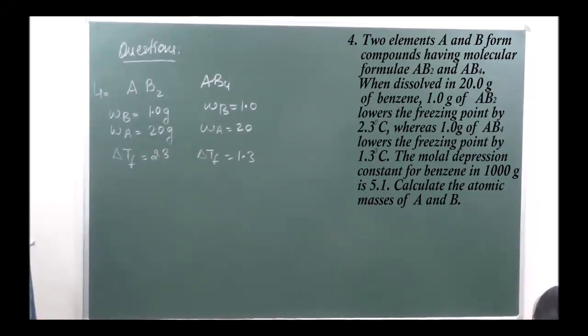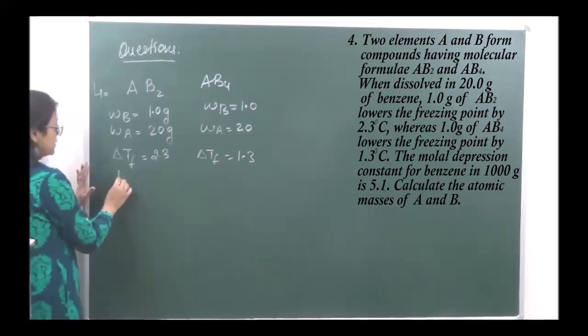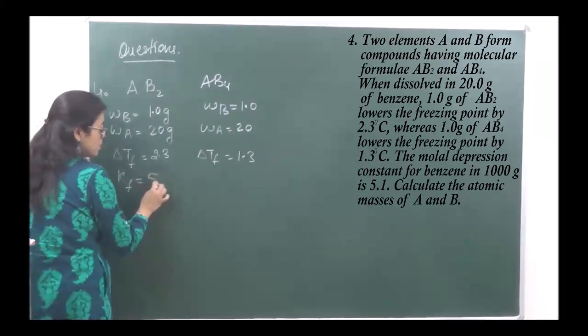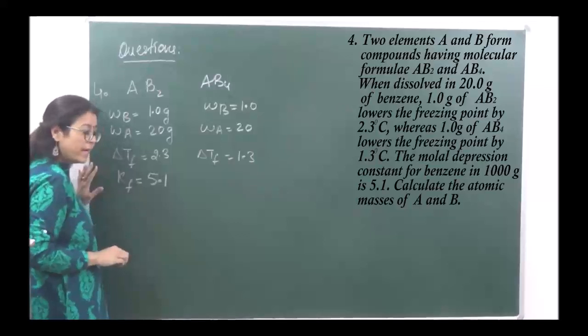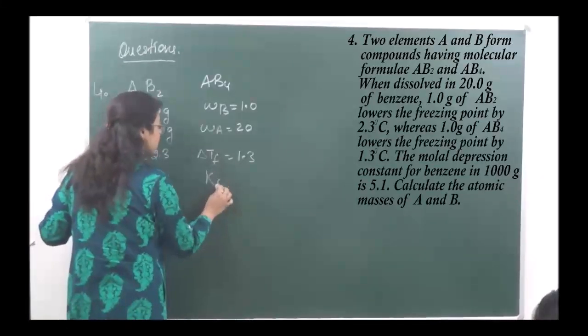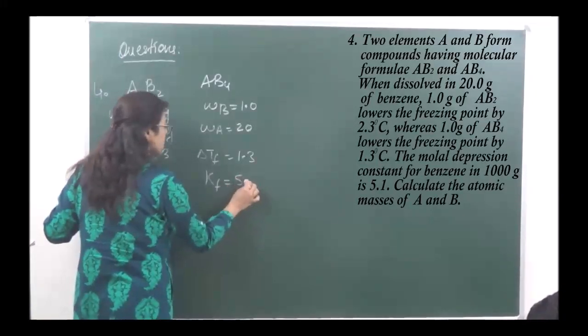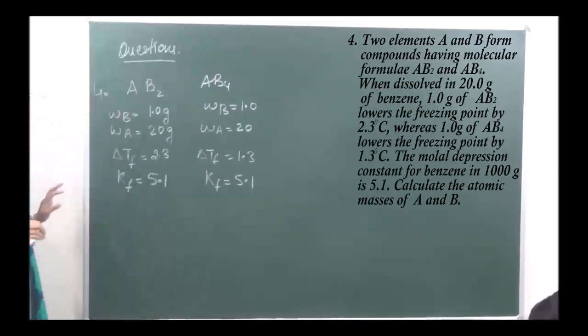KF is also going to be the same because we are taking benzene. So KF given for both is 5.1. Let's calculate the molar masses of both.